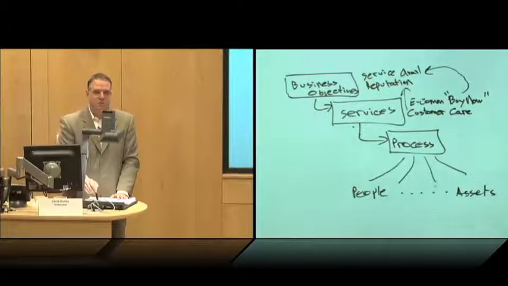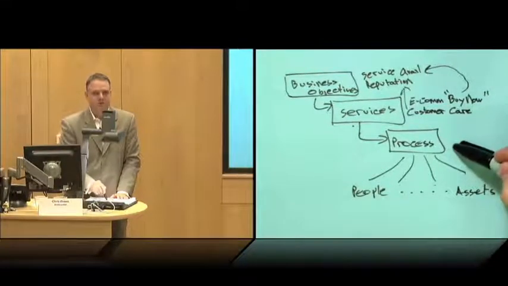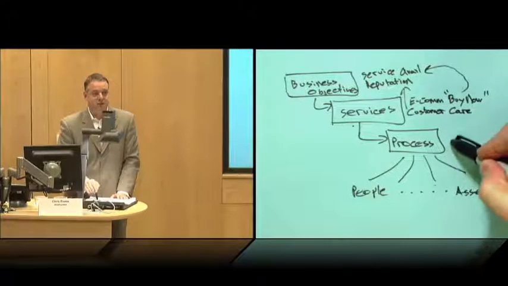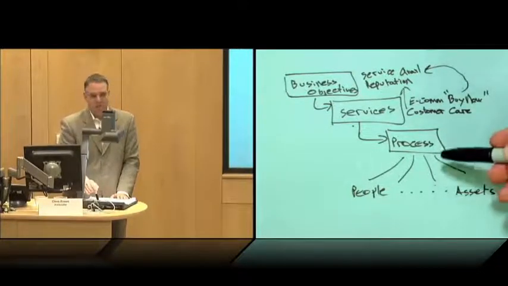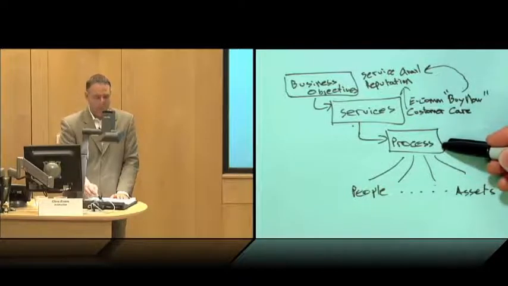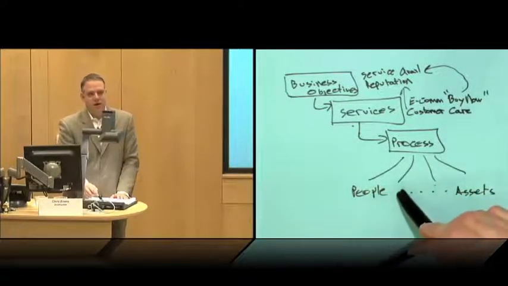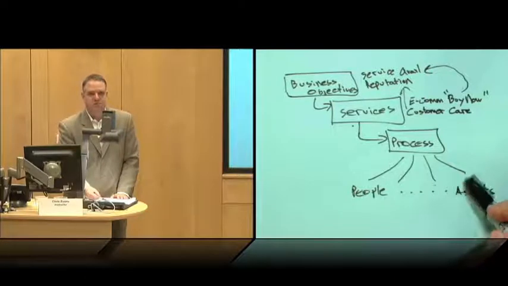So now the question is, what do you need to do to meet those processes? What do you need to be able to do those processes? Well, you have people, you have information, you have technology, you have facility, you have assets that allow you to do those processes, which allow you to meet those services, which allow you to realize those business objectives.